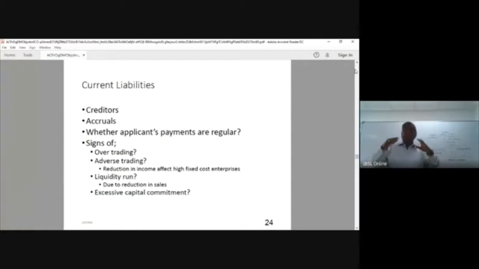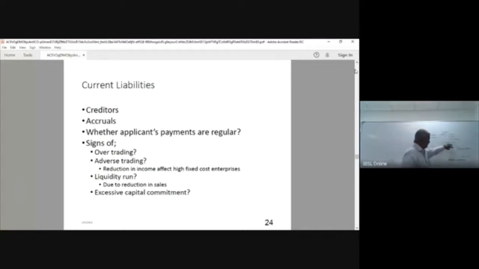To achieve that plan without any break in the operation, they must have sufficient working capital.